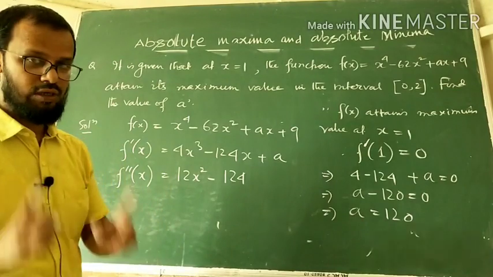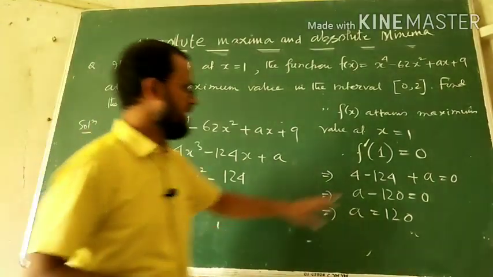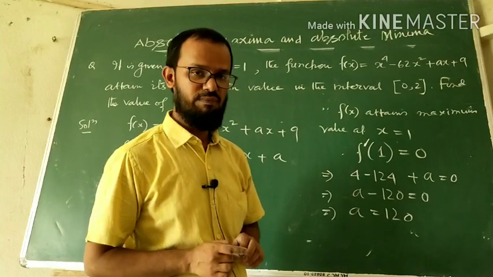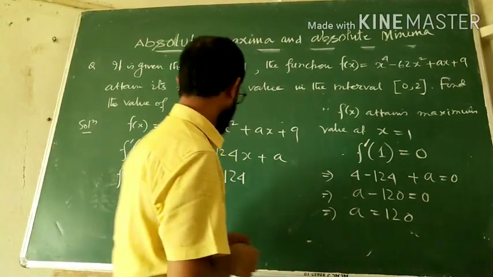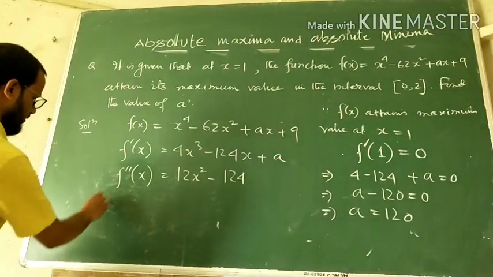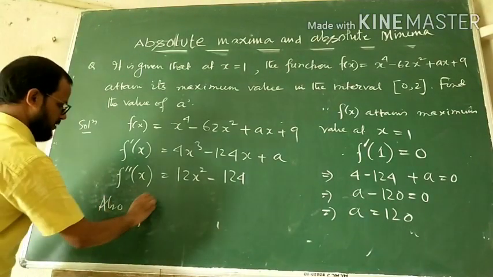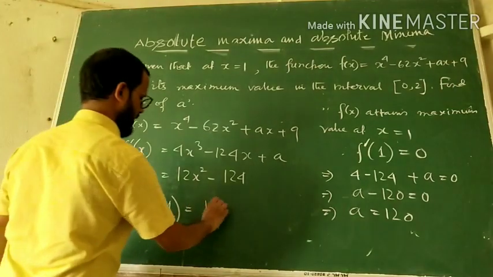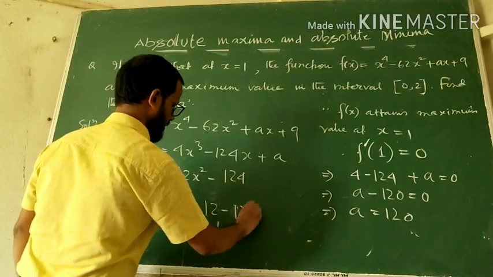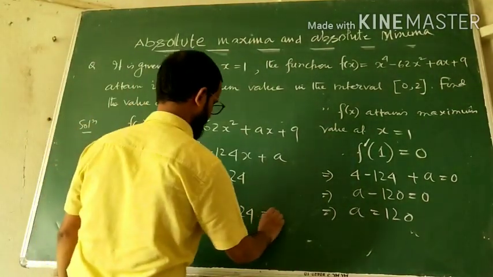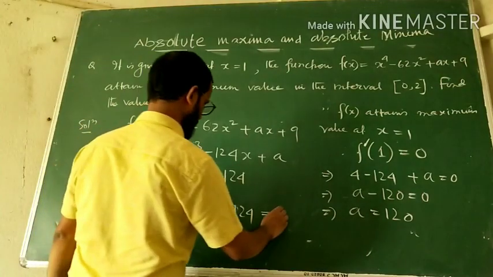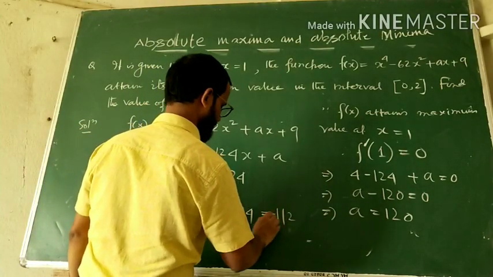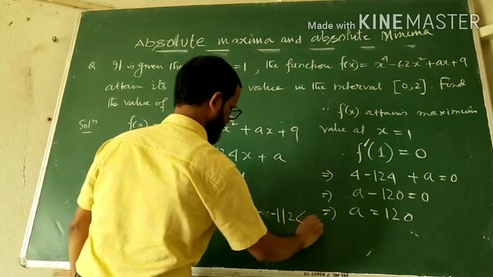Okay, but you have to check that this x equal to 1 is a point of maxima or not. This is also an important part. So to check, also f double dash 1, put x equal to 1 and see what happens: 12 minus 124 is equal to negative 112, so less than 0.